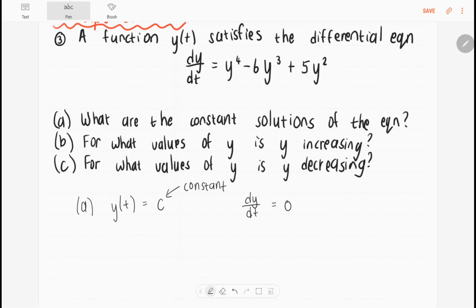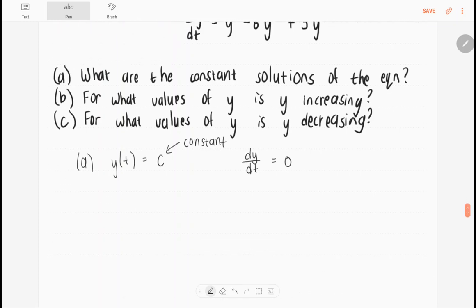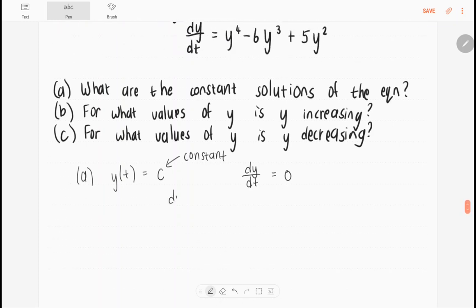So, let's now substitute the c and the 0 into our differential equation that we started with. Our differential equation is dy/dt equals y to the 4 minus 6y cubed plus 5y squared.